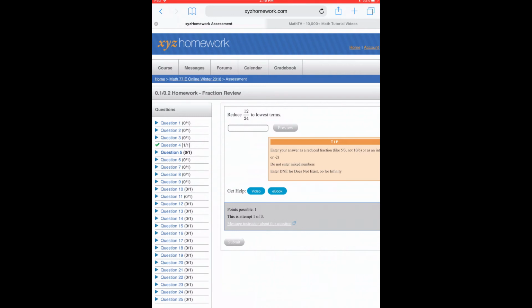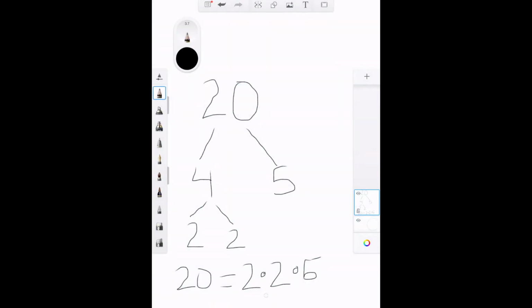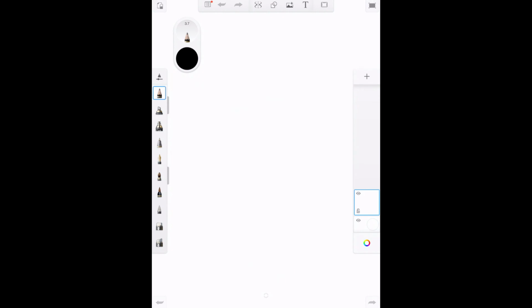So this time I have 12 over 24. So let's go back and work through this. So we're going to do 12 over 24. And we need to reduce this.